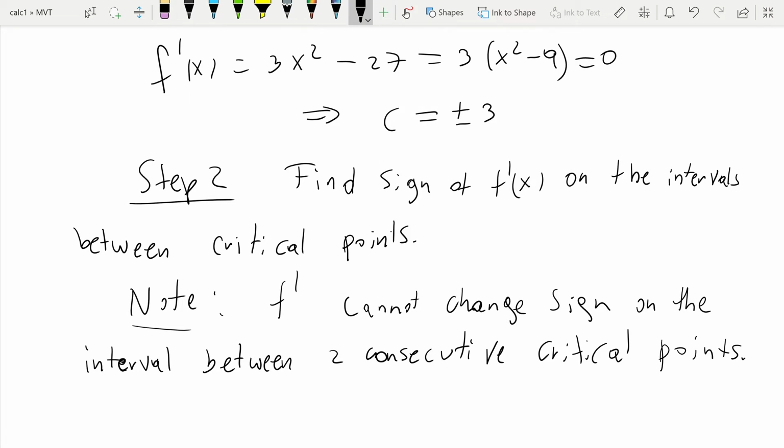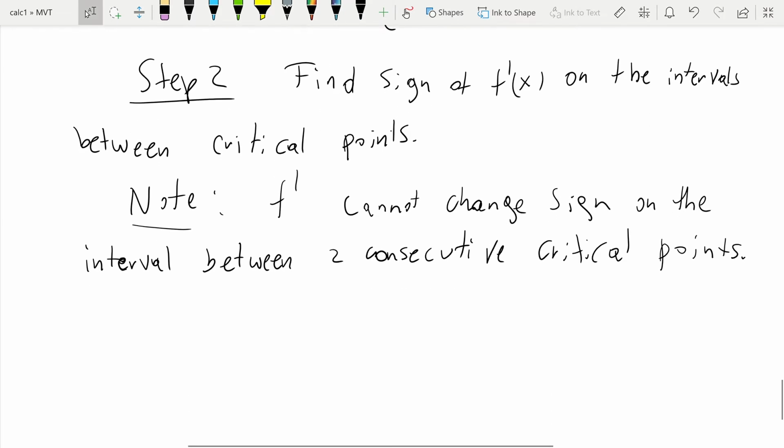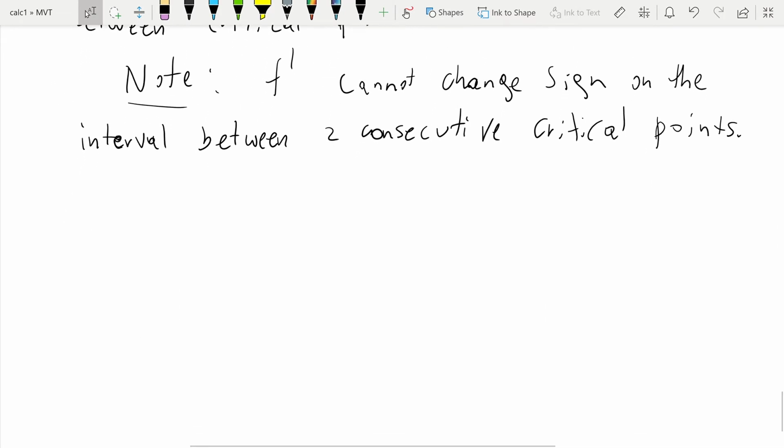Okay, so in order to see what the sign is near the point on the left or the right, we have to divide the real line into intervals determined by the location of the critical points.